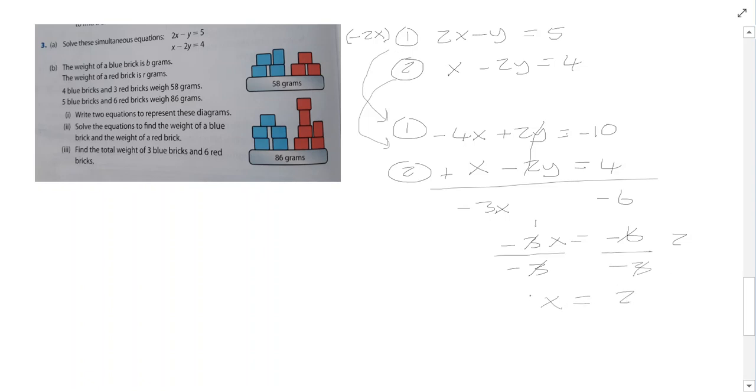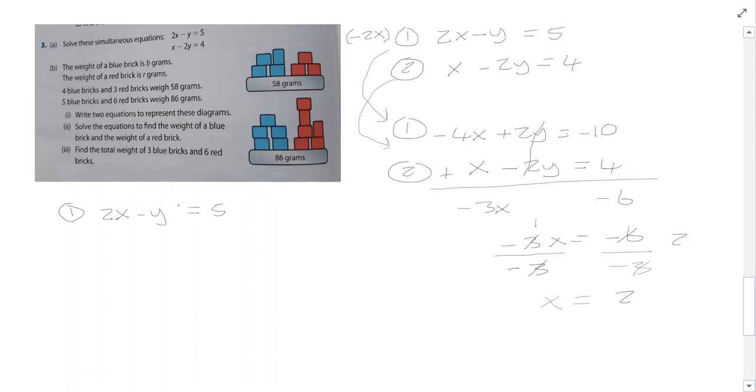So now that we know the value for x, we take one of our equations. We take equation 1, rewrite it, and substitute in the value for x that we've figured out, and then we can solve for y. So equation 1 is 2x minus y is equal to 5.